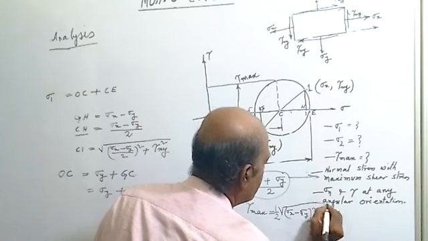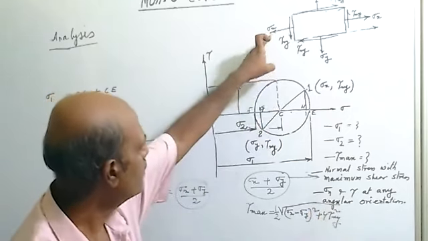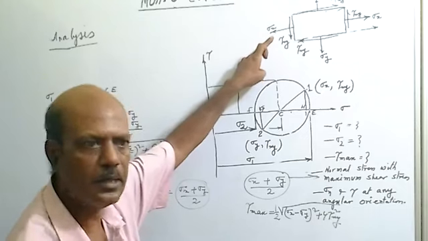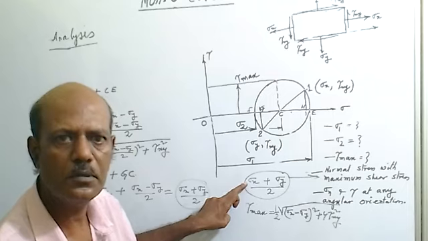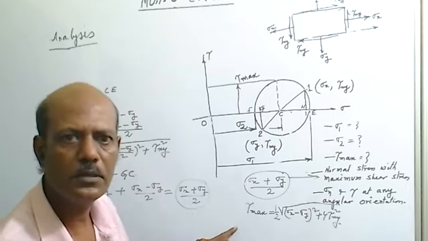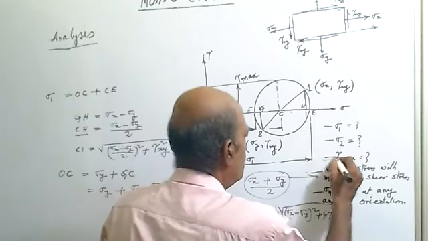So this is the maximum shear stress that occurs in this stress system, and this is the normal stress which will occur along with this shear stress plane. So we have these two.